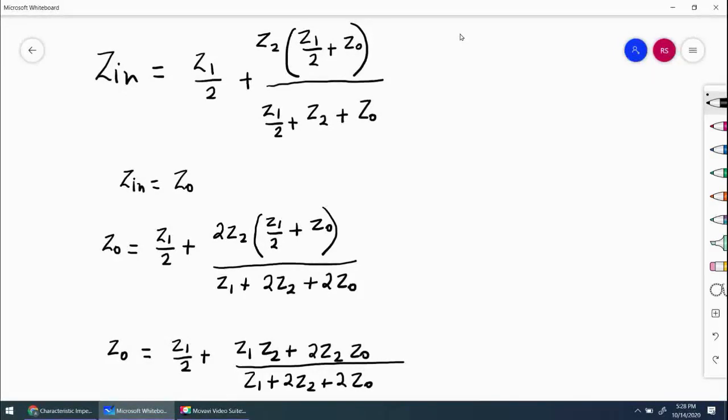I hope you have understood how this has come. I can write one more step over here. This part is equal to 2Z2 times Z1 plus Z0 by 2, which is also equal to Z1Z2 plus 2Z2Z0, where the 2 and 2 get cancelled and Z2 multiplies inside.